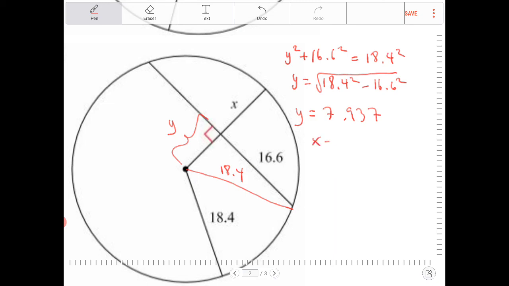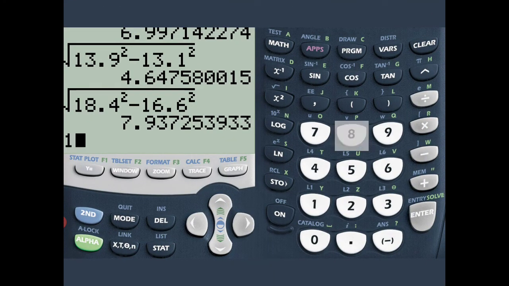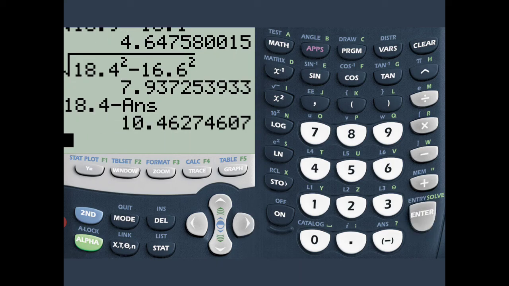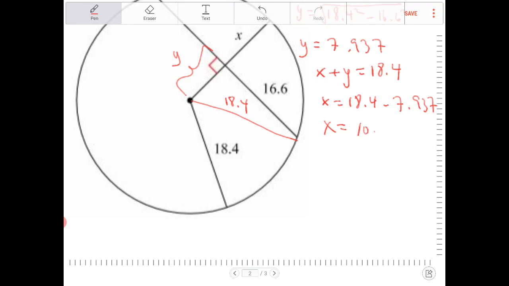So x plus y is equal to 18.4. So x will equal 18.4 minus 7.937. So x is equal to 18.4 minus that number, which is 10.46 or 10.5, approximately, rounded to the nearest tenth.